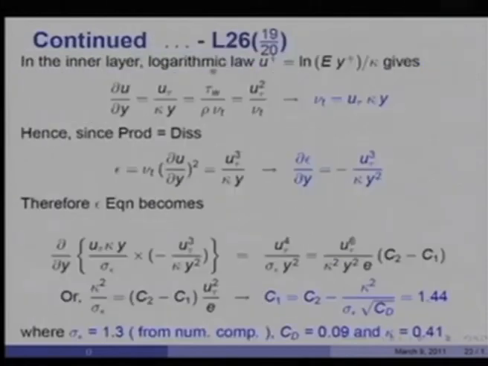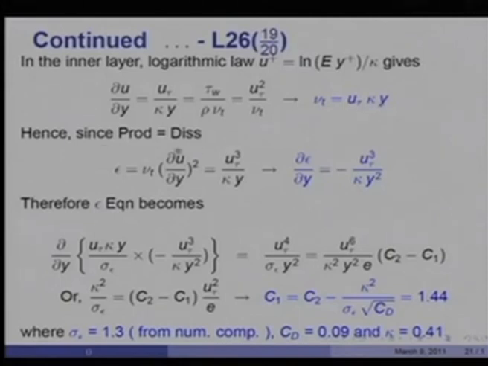In the inner layer, the logarithmic law suggests that u plus equal to ln Ey plus by kappa gives du by dy equal to u tau by kappa y, and that is equal to tau wall over rho nu t, and that is also equal to u tau square over nu t, which gives nu t equal to u tau kappa y.